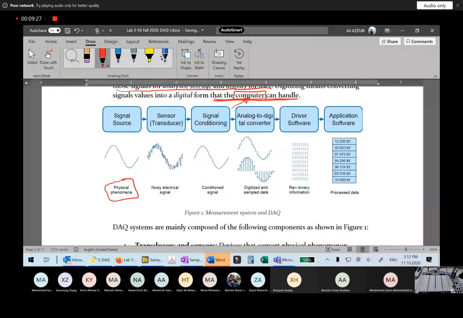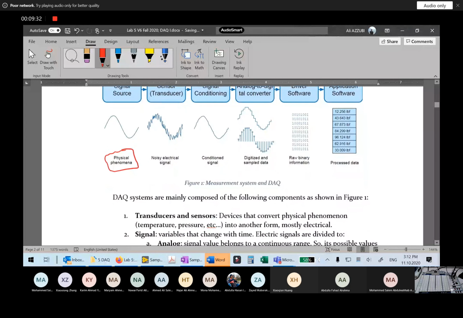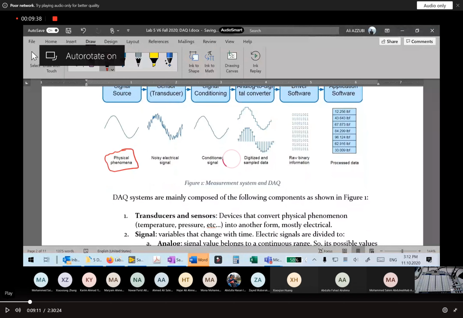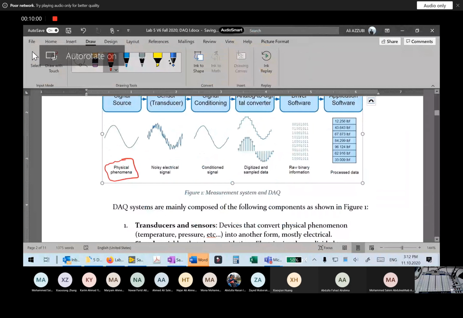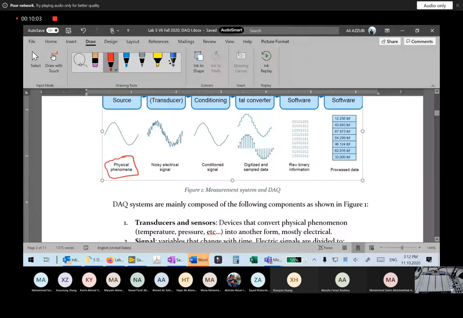So you have a physical phenomenon. Let's see an example.